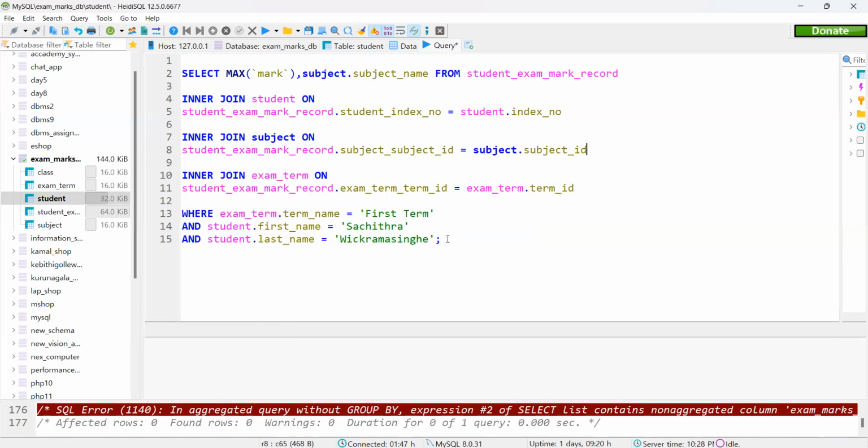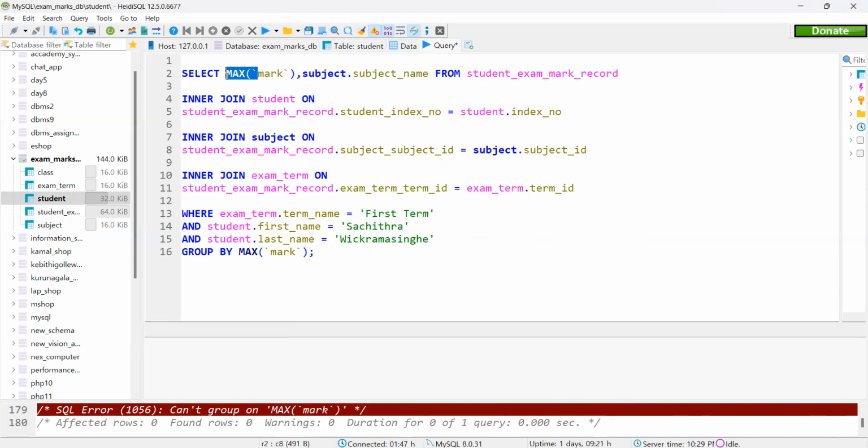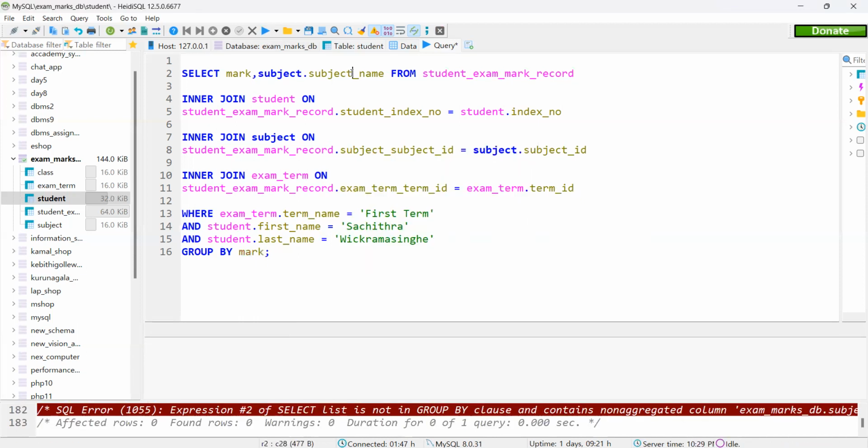They are asking about group by our mark, max mark. We remove this one and move on to this. Again, we need subject.